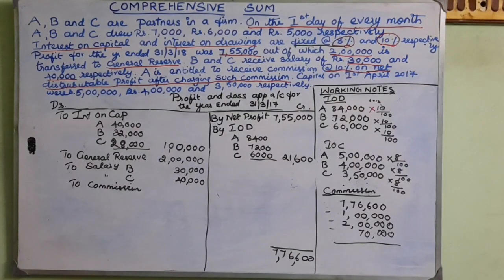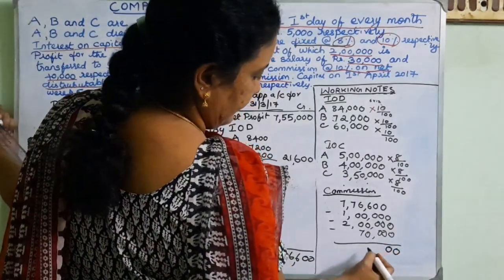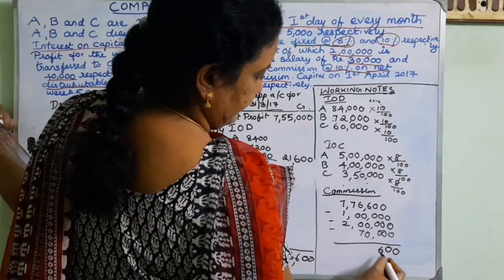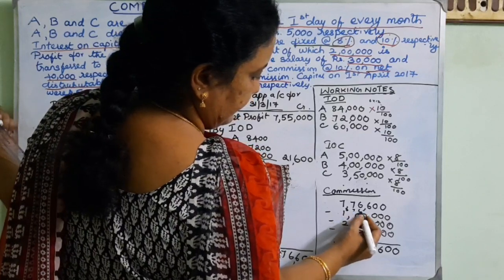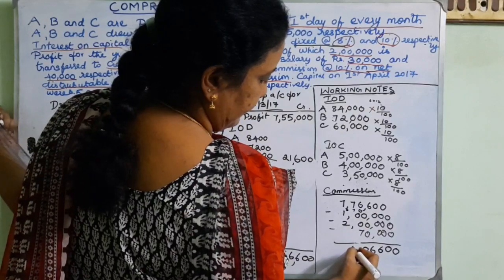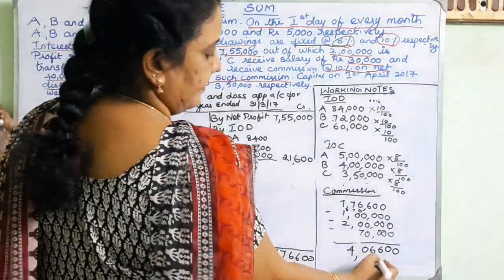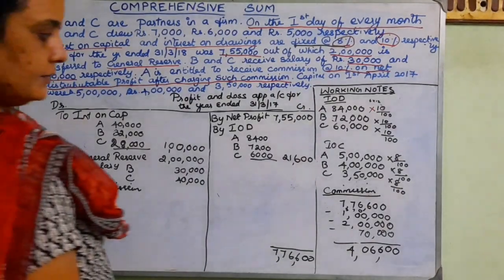How much will you get? 4,06,600 rupees. Is it correct?